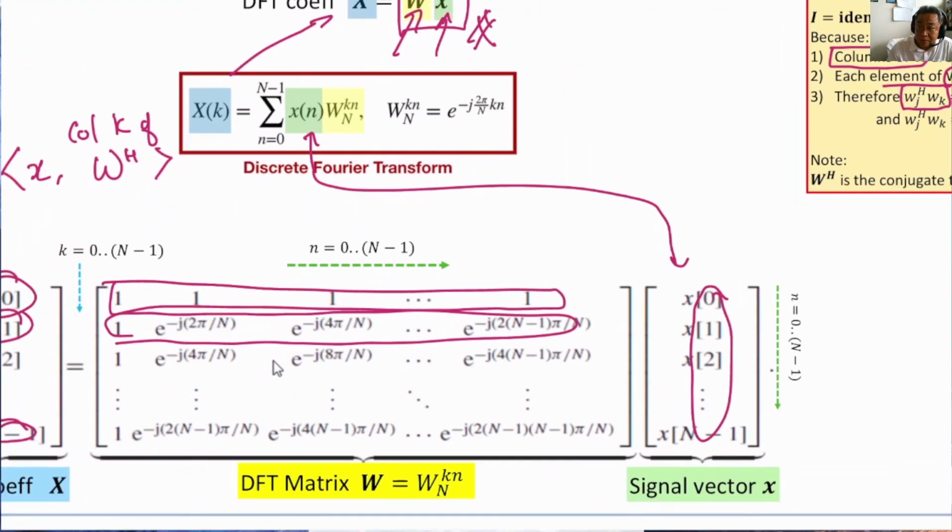You look at this, all the elements have magnitude 1, and the only difference is that the phase of each of these elements is changing.